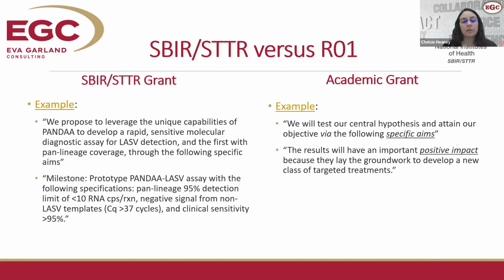Conversely, for this SBIR application, here we have the project that is furthering the product development and the milestone. We have these very concrete, measurable milestones. And especially for phase 1, these milestones are when you apply for a phase 2, you have to demonstrate whether or not you have achieved these milestones in order to have a strong phase 2 application.